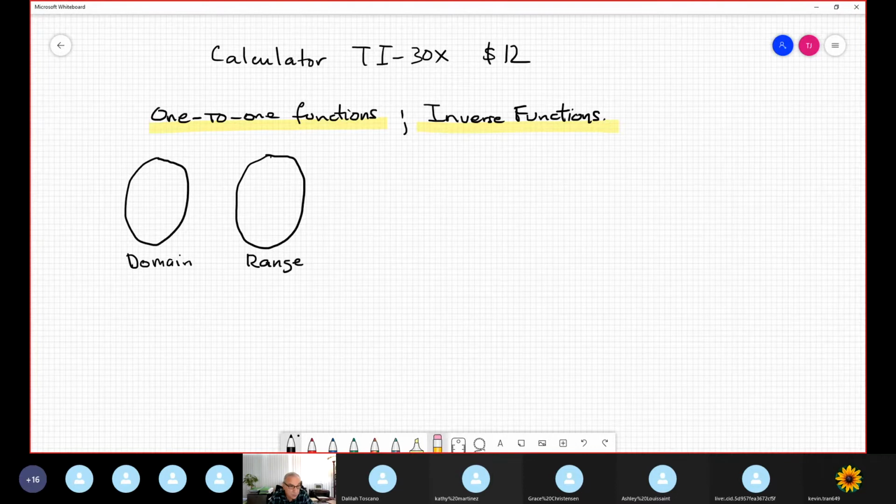Suppose that we have three values, x1, x2, x3. Remember, the domain is the set of x values for which the function is defined. And suppose in the range we have y1, y2, y3, and you associate them in this order. In this direction, it is obvious. Direction is important.